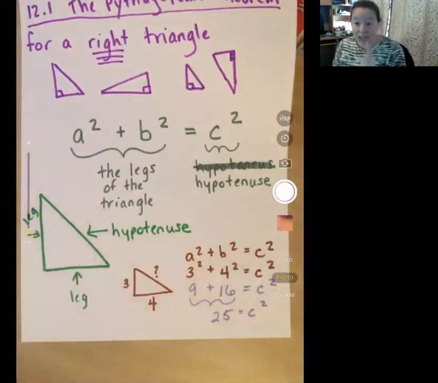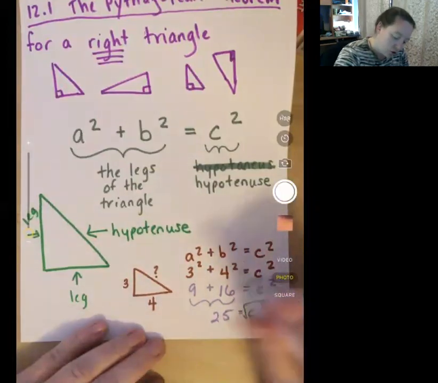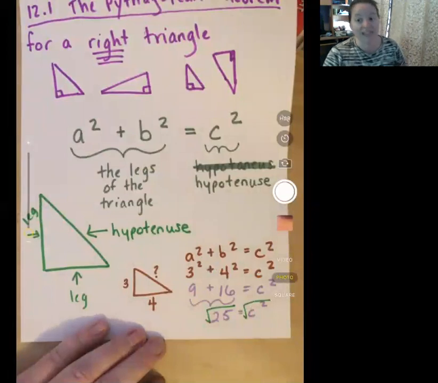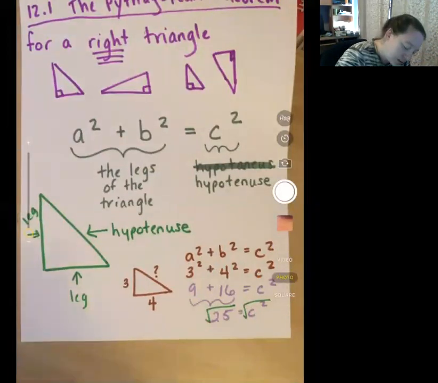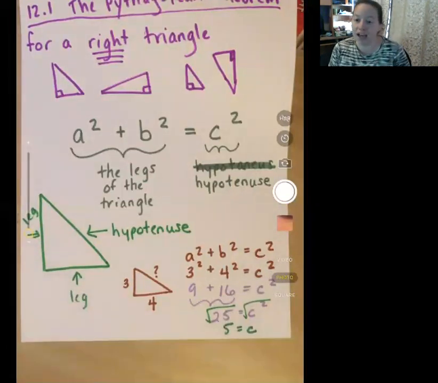Now, the way you get rid of a square is you take the square root. Square roots cancel out squares. So if I take the square root of 25, I'm asking what times what is equal to 25? I know the answer is 5, so c is 5.